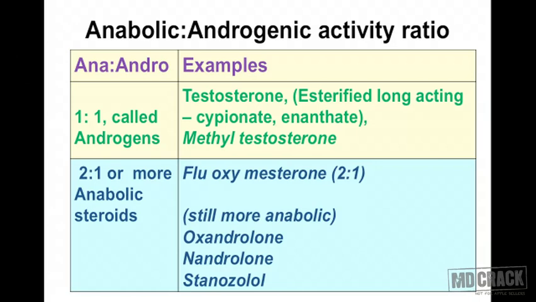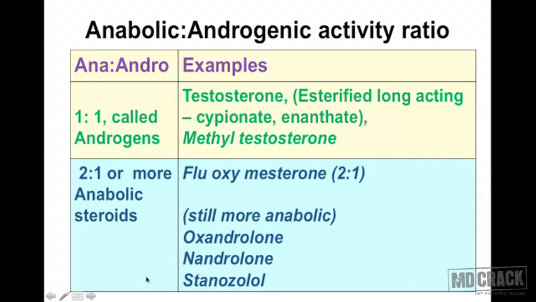So when the ratio is 1, you just call it a proper androgen. Examples are testosterone, then the esterified long-acting derivatives, cypionate and enanthate, and methyl testosterone. These substances we call classical androgens.